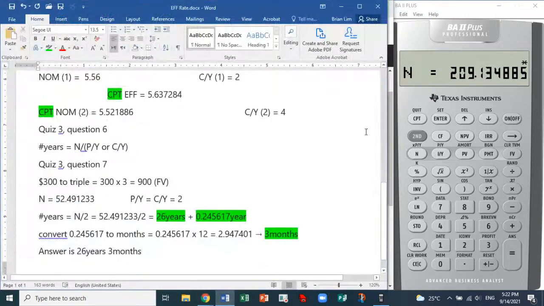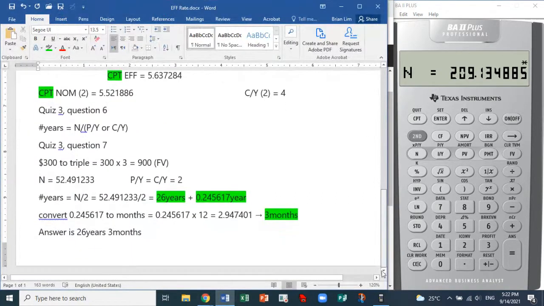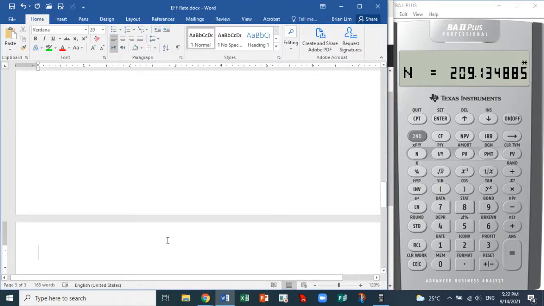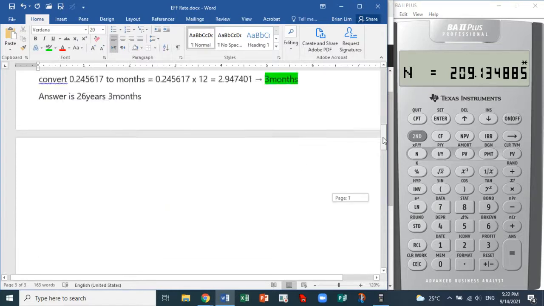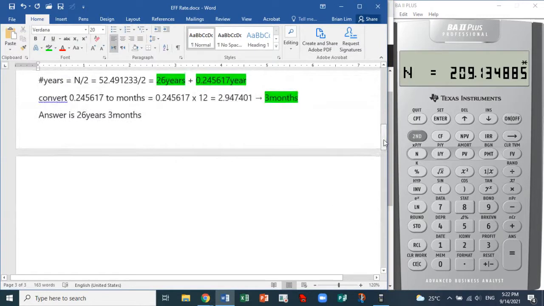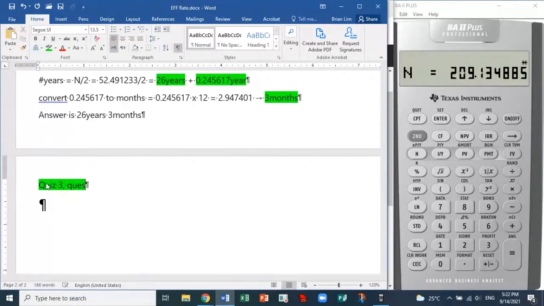Okay, so this is question number 8. All right, so quiz 3, question number 8. I think we're getting to the end of this page. So let's go over here to what happened there. I guess we skipped the page. I guess we, okay, yes, we did. All right, so this is quiz 3, question 8.